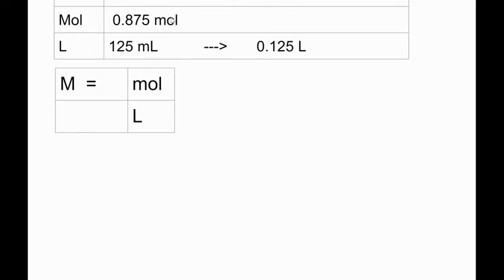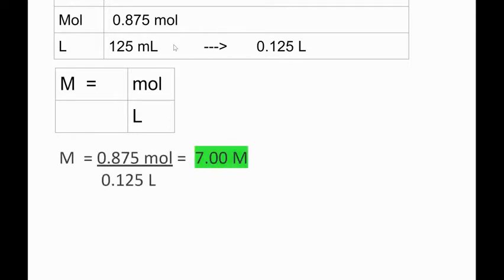We already have moles and liters, so we don't need to rearrange our equation and should be able to just substitute. As we substitute in, molarity is 0.875 moles divided by 0.125 liters, and we get an answer with 3 significant figures because our measurements had 3 sig figs: 7.00 molarity. We have a 7 molar solution.